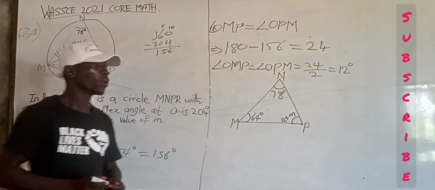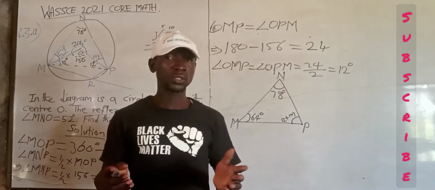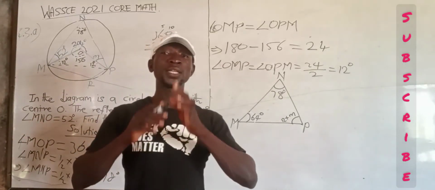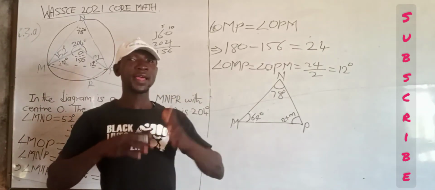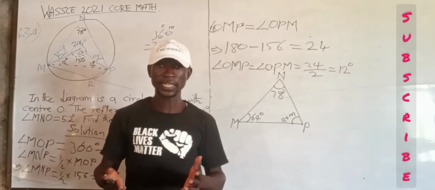As we said earlier, the sum of all interior angles of a triangle equals 180 degrees.